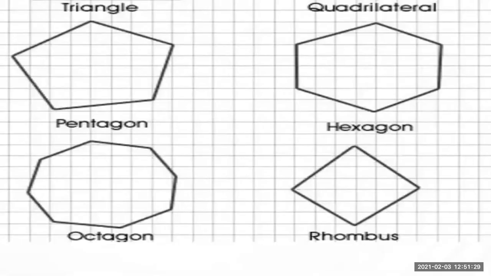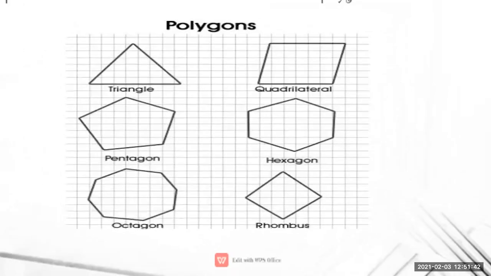And last, rhombus has four sides. So once again, just see all the sides. Triangle 3, quadrilateral 4, pentagon 5, hexagon 6, octagon 8, and rhombus 4. Others are also polygons. Figures with three or more sides are called polygons.